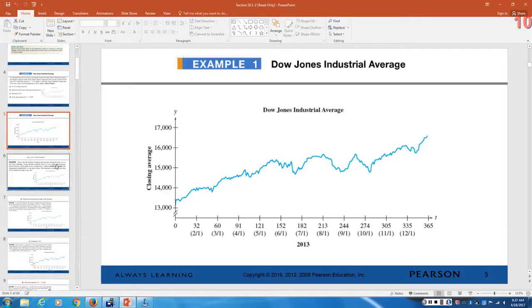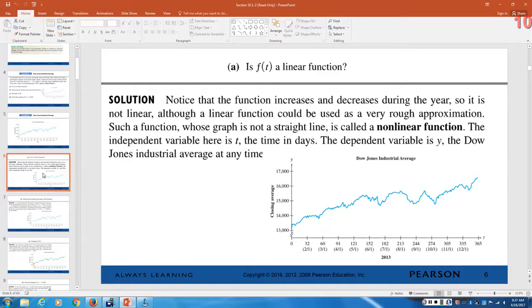So there's the bigger graph. But like it says, is it a linear function? No. This graph is not a straight line. You could probably use a linear function as a very, very rough approximation, but it would be very rough and it wouldn't be very dependable.